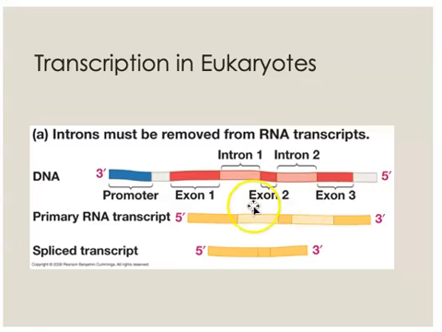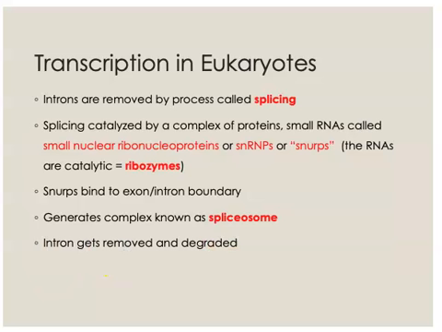The intron regions don't contribute to that code, so we need to remove those. So during splicing, these lighter colored regions are literally going to be cut out of this RNA molecule, and then the darker colored regions, there are 3 of them, are going to be brought closer together and attached. So we have one continuous mature mRNA molecule.